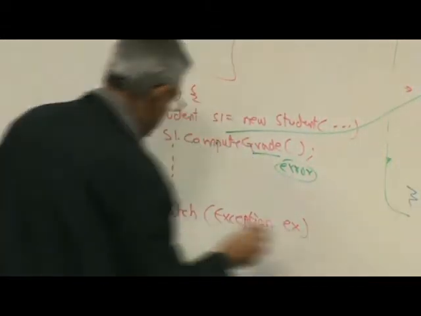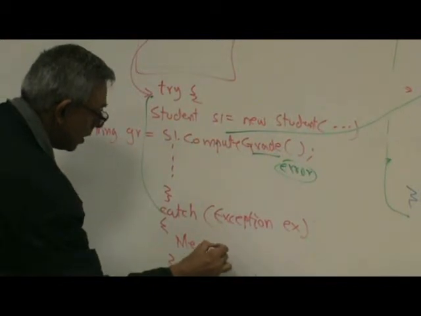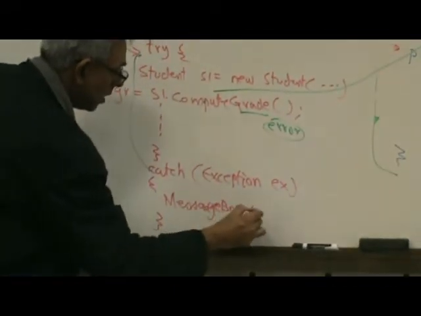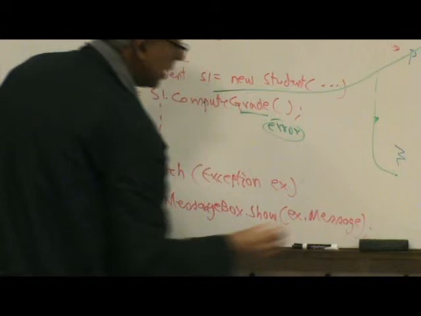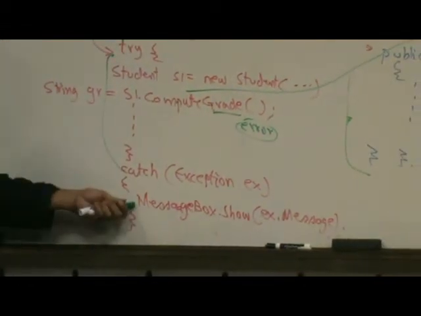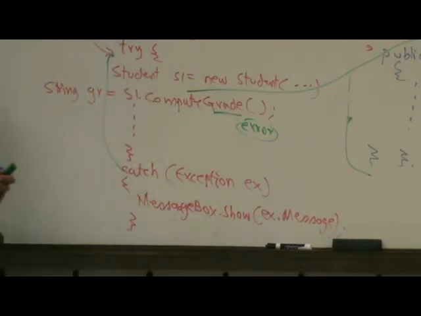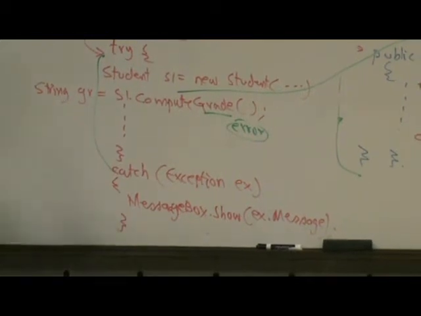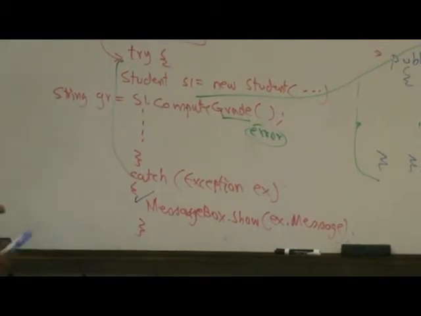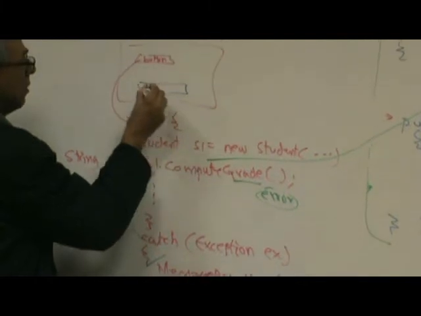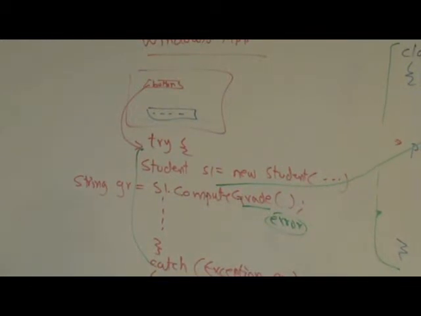Now let's say MessageBox.Show(ex.Message). Is it okay to show the message here? This is part of the button handler, which is tied to the form, which is tied to the user interface. So if the code is tied to the user interface, it's okay to show the message. Whether you show it in a message box or put it in a label, either way, you can let the user know some error occurred.